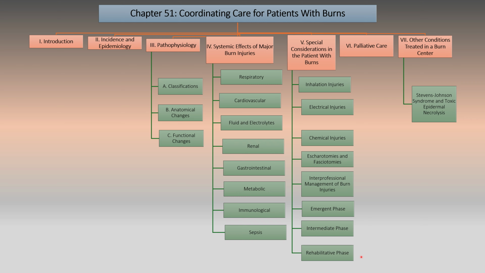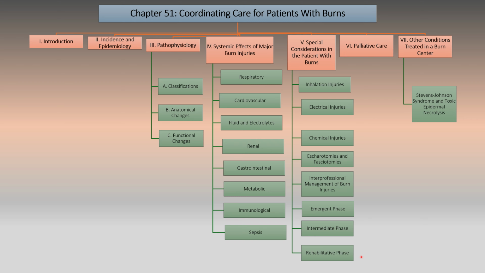Contracture prevention: physical and occupational therapy begins immediately with splinting and positioning to maintain range of motion. Psychological support: address long-term emotional consequences such as PTSD, body image disorder, anxiety, and depression. Reconstructive surgery: plan for potentially multiple reconstructive surgical procedures.